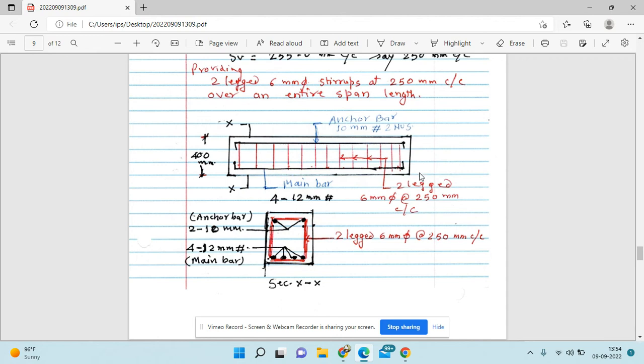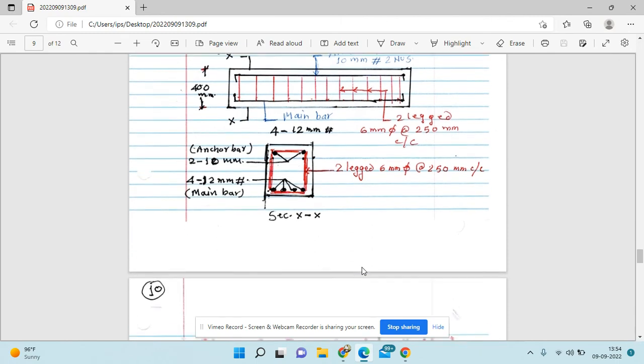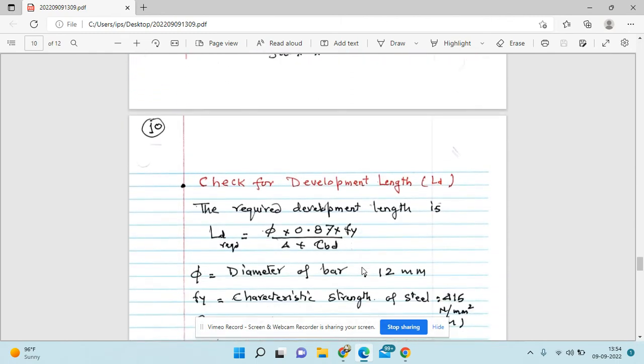This is your L section and this is your cross section. This shows the 4 bars of 12, these are the 2 bars of 10, and these are the two-legged 6 Phi at the rate of 250 center to center over the entire length. So design of the shear reinforcement is carried out like this.